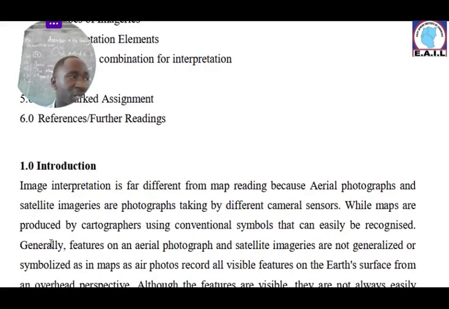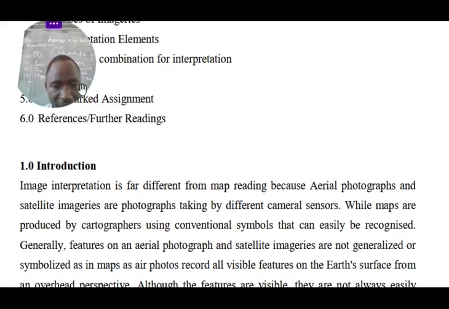When you look at the introduction there, they are saying that image interpretation is far different from map reading, because aerial photographs and satellite images are photographs taken by certain sensors, whereas maps are produced by cartographers using what we call conventional symbols that can easily be recognized generally.